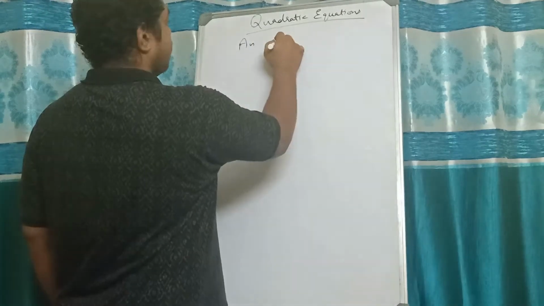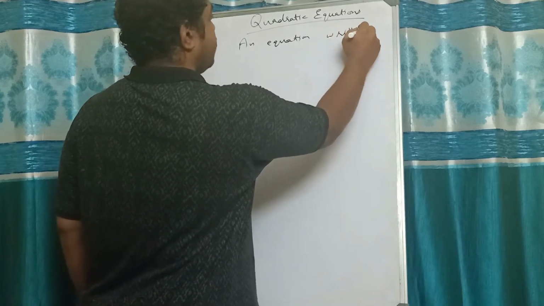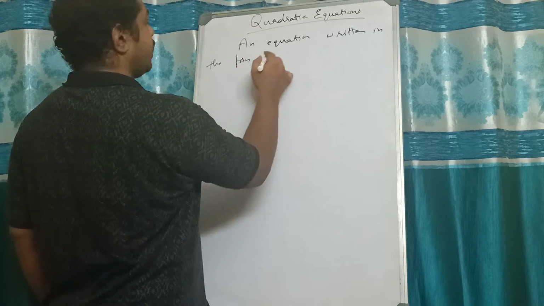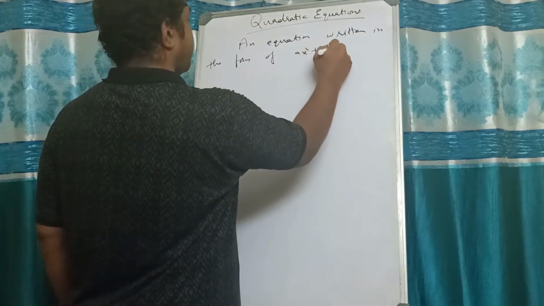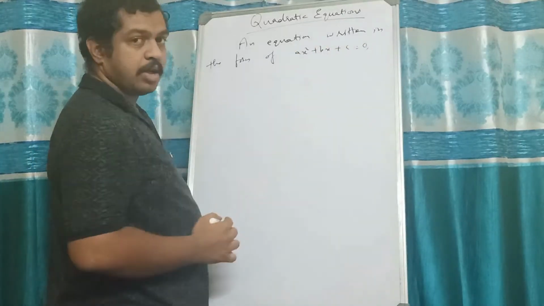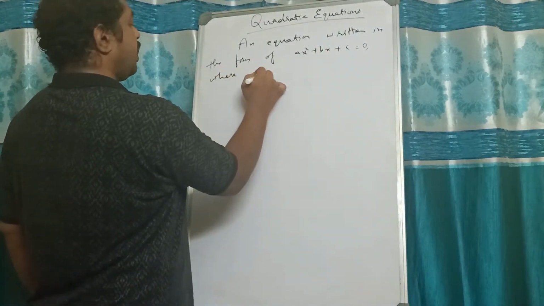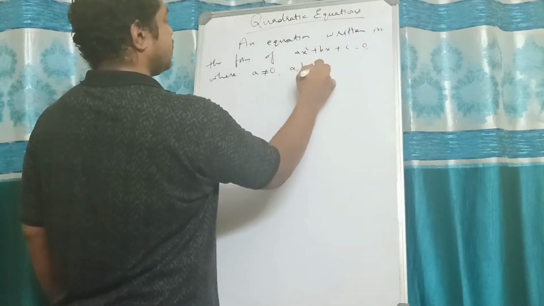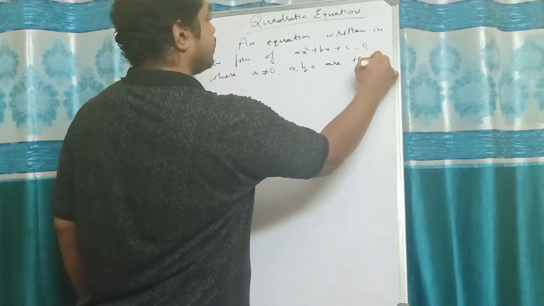An equation written in the form of ax squared plus bx plus c equal to 0, where a is not equal to 0, and a, b, c are real constants.